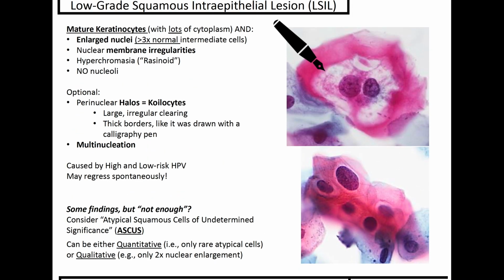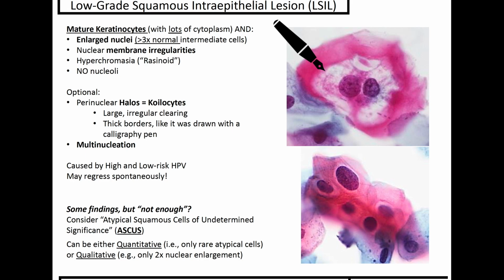And another diagnosis is ASCUS that I mentioned earlier. So atypical squamous cells of undetermined significance. And this is where you have some findings of LSIL or some findings that are atypical but not quite enough to get to LSIL. That's this other category, this other bucket that we have that's called ASCUS. This can be either quantitative or qualitative.